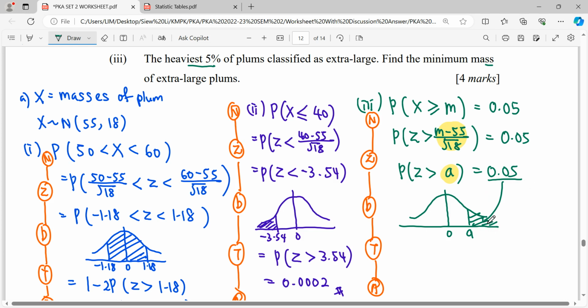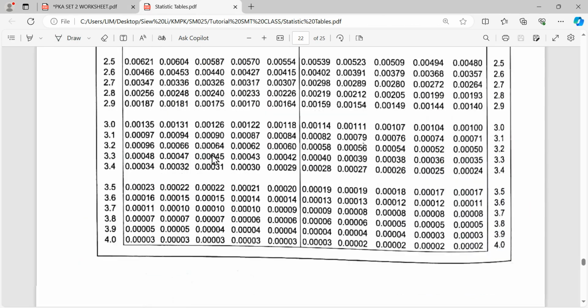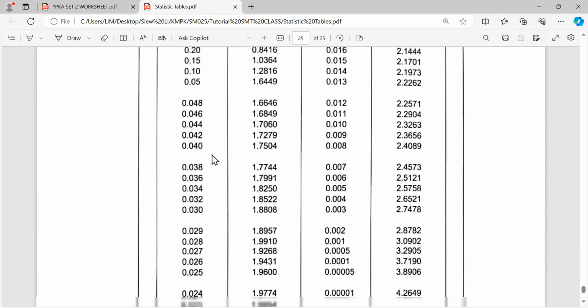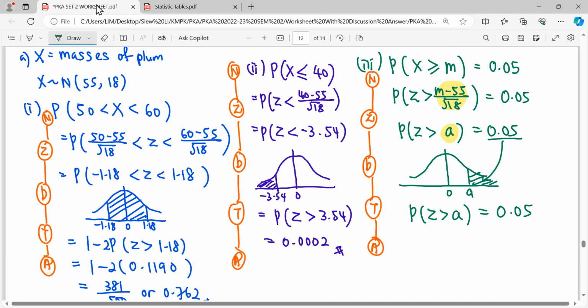So here we understand that this tail value is 0.05. To find it from the table means we need to read A to get this tail 0.05. Go to the statistic table, the last page here, and check the probability 0.05. We can have a Z score in 4 decimals, which is 1.6449.